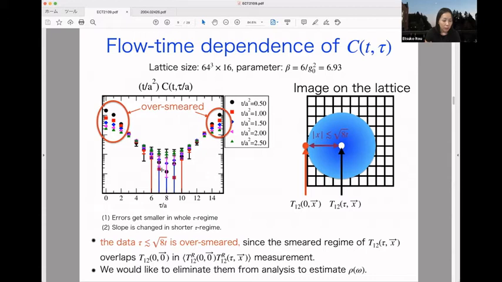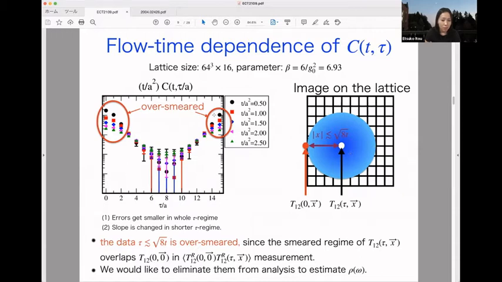In the long tau region, the data for several flow times overlap each other. However, in the short tau region, there is a discrepancy depending on the flow time, and that discrepancy comes from the over-smearing effect.